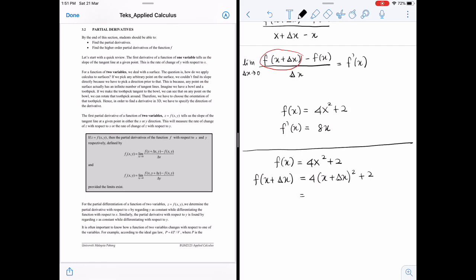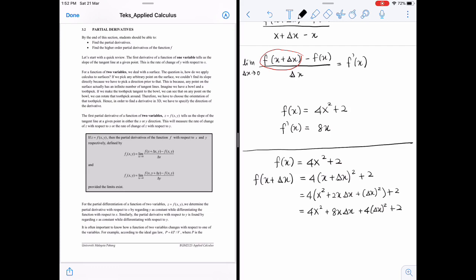We expand this equation: 4 times (x squared plus 2x delta x plus delta x squared) plus 2. Therefore, we have 4x squared plus 8x delta x plus 4 delta x squared plus 2. So this one is our f(x plus delta x).